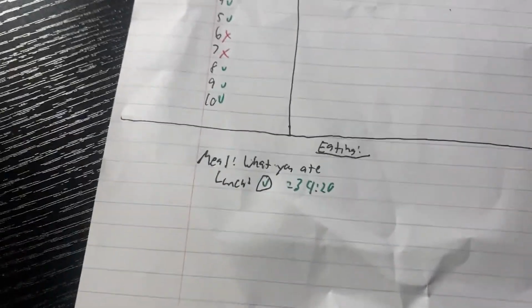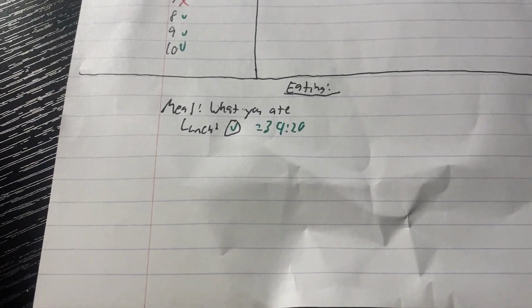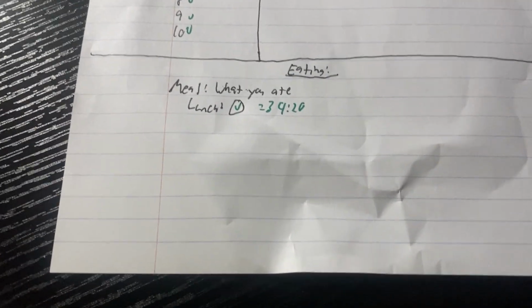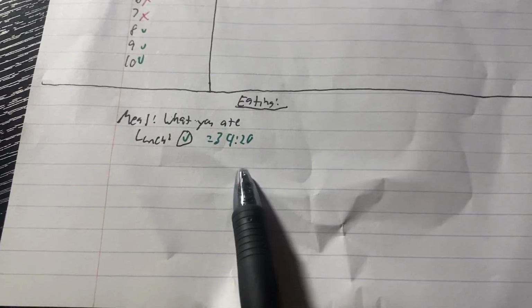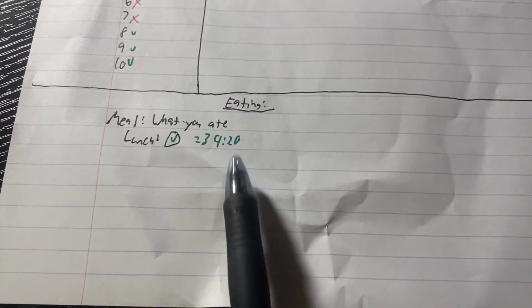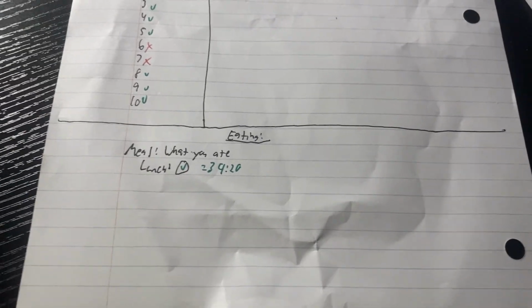Either one works. I think the second one is easier because your food plan might not fit on this paper right here. That way you know, okay, I ate my full meal plan that I said I would, and I know how long it took me to eat that, so you don't eat too fast or too slow. So that's what the system looks like.